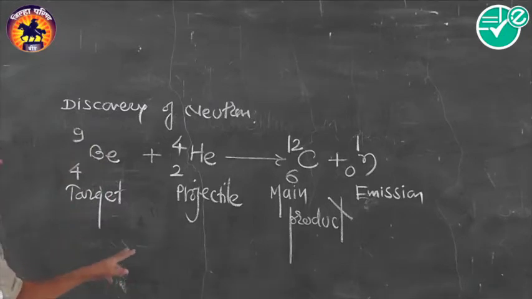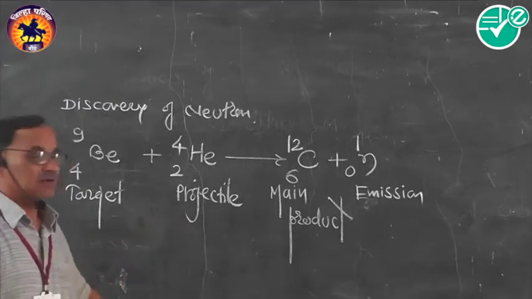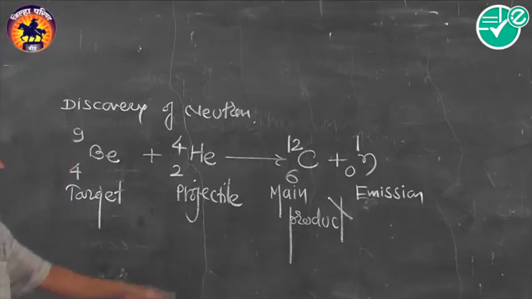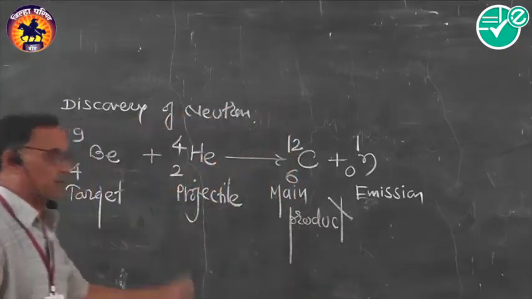So these are the four: target and projectile are in the form of reactants, and the main product and emission are in the form of product.